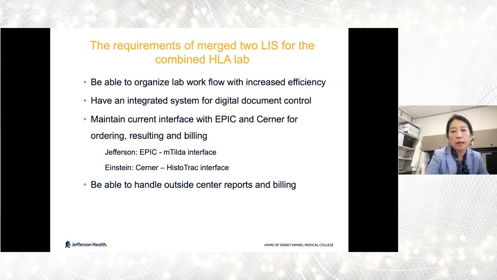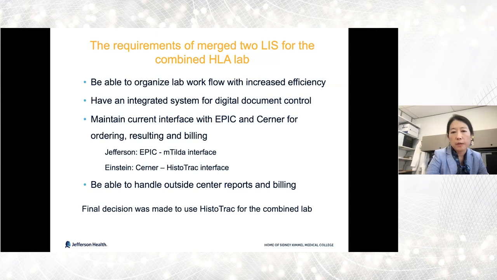At the same time, we also need to maintain the current interface between Epic and Cerner for test ordering, resulting, and billing. Jefferson actually has an Epic Matida interface built, and Einstein has a Cerner HistoTrac interface built. Lastly, our lab not only serves Jefferson and Einstein, we also provide service to several local hospitals, so we need to be able to handle outside center billing and reports.